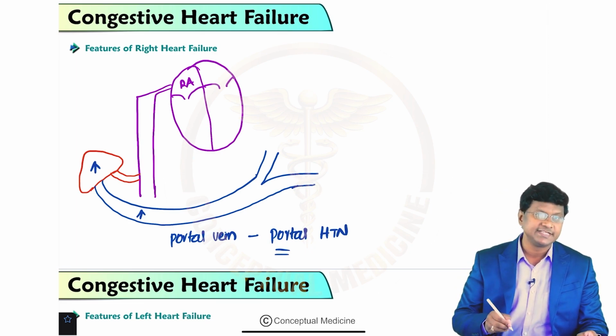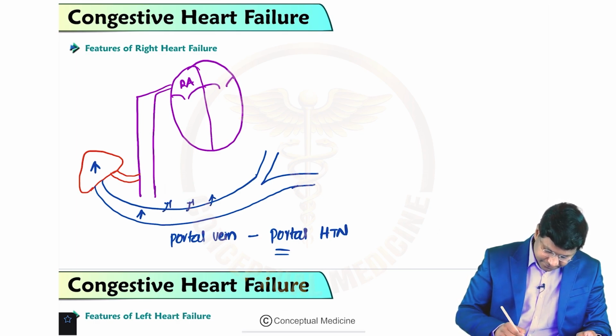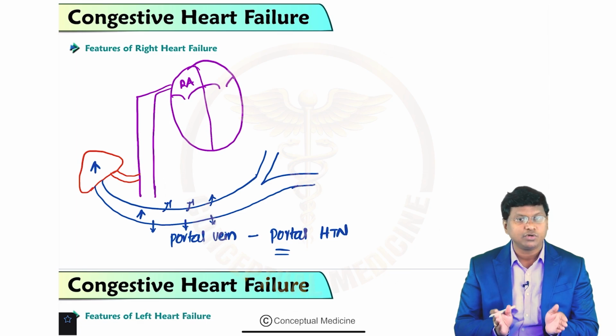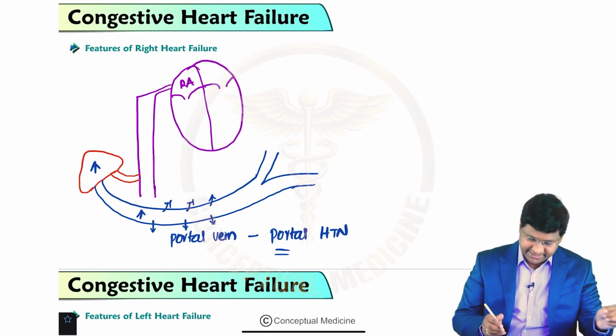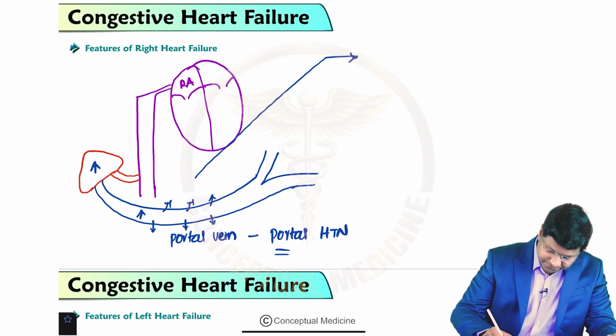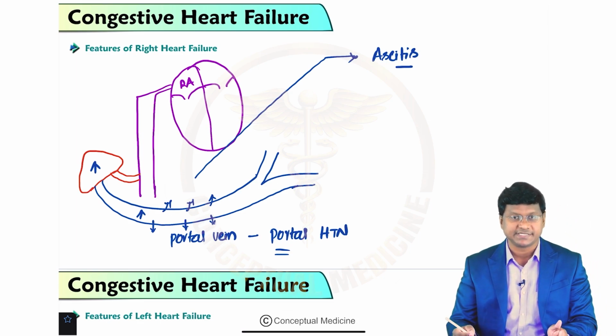So as there is development of portal hypertension, the fluid will start moving out of the vessel, and that will result in the development of what is called ascites.